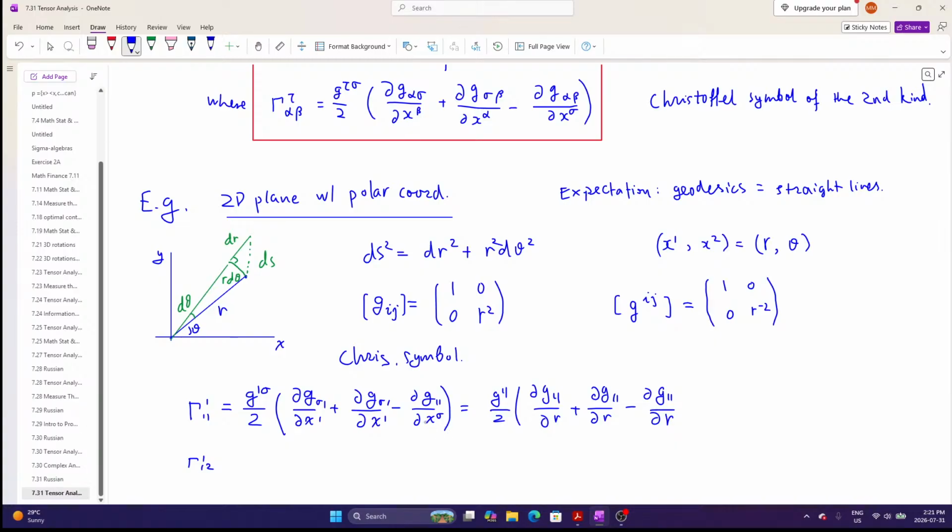Sigma equals 1. When sigma equals 1, this is the term you get. When sigma equals 2, think about what happened. When sigma equals 2, you got g of 1, 2. So g of 1, 2 is just 0. So there's no second term.